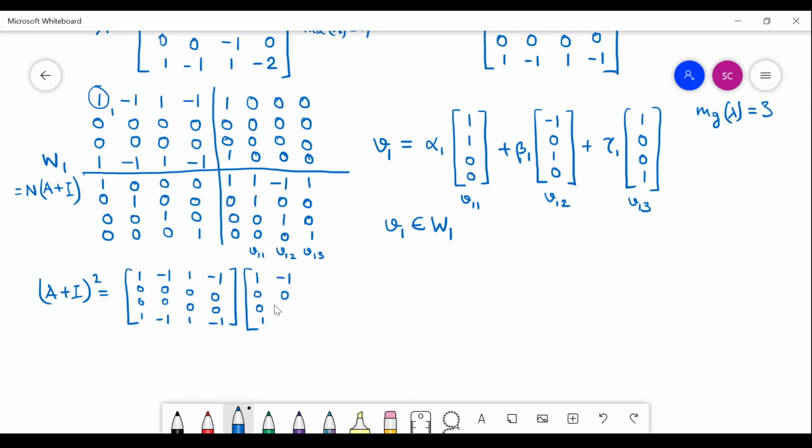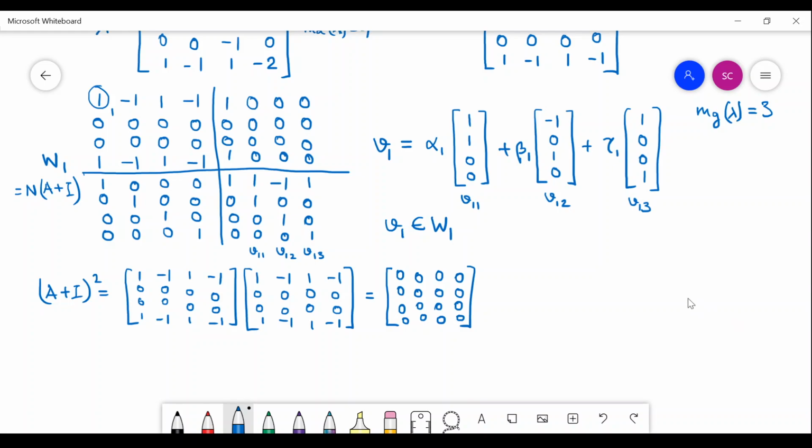When the entries are this way, which are very nice, not complicated numbers, then you can actually do it very easily. And what you get here, you would see you are getting the 0 matrix. You can do it yourself.